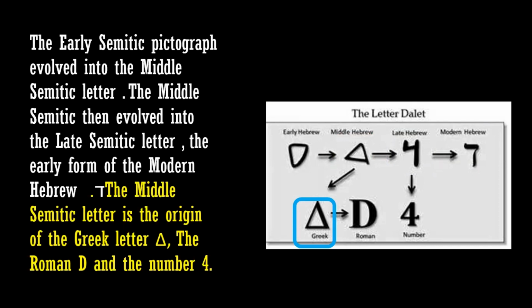This middle script, or Paleo, also gave rise to the Latin or Roman letter D. The late script evolved into or became the numeral 4. And you can see the similarities in the shape or even how the numeral is written.